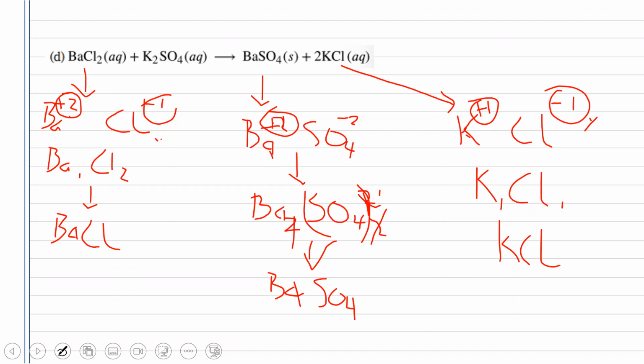The only thing we need to now remember is SO4 is -2 here. Let's check SO4 here. If it's still -2, then we can conclude that this is not a redox reaction. So let's see. K was combined with SO4. Remember we said K was +1. SO4 is here.